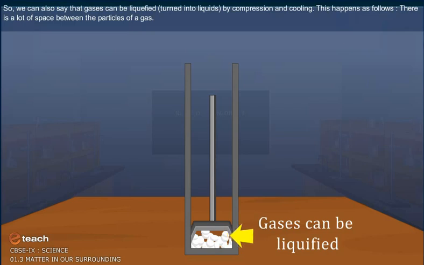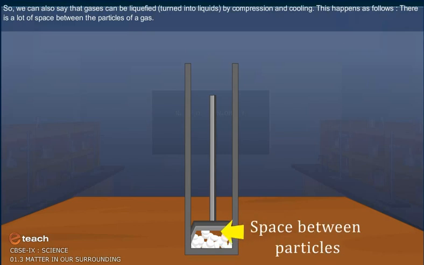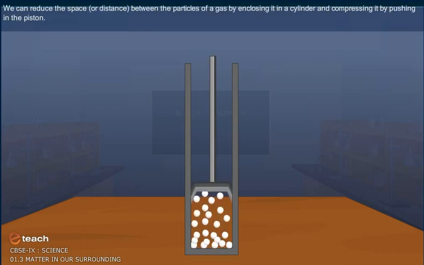This happens as follows. There is a lot of space between the particles of a gas. We can reduce the spaces or distances between the particles of a gas by enclosing it in a cylinder and compressing it by pushing in the piston.